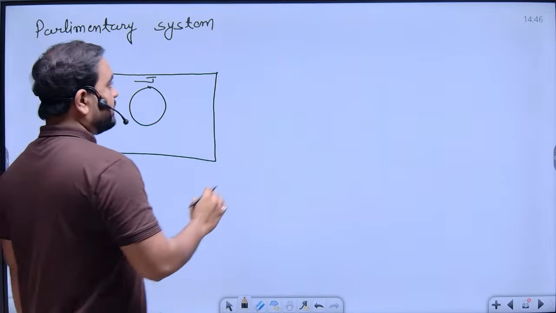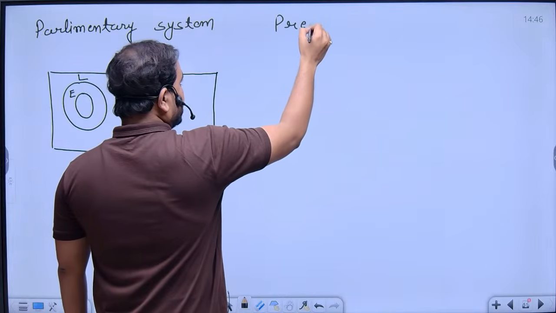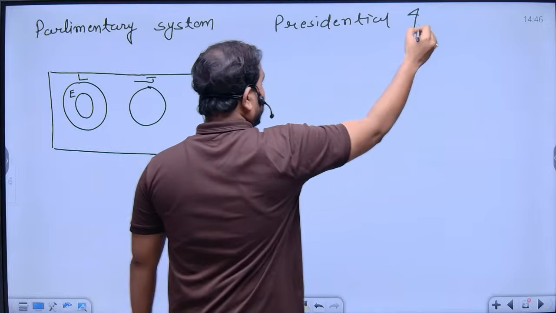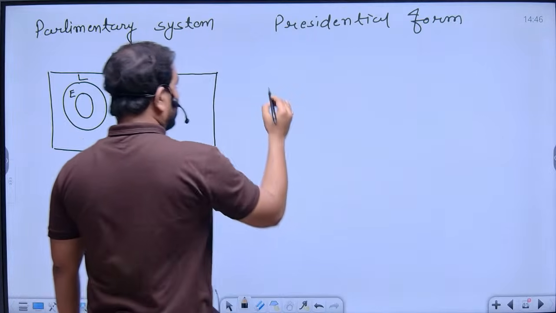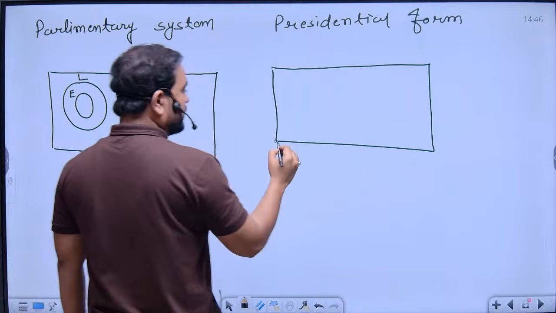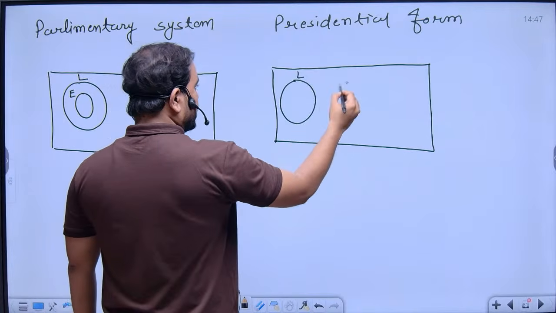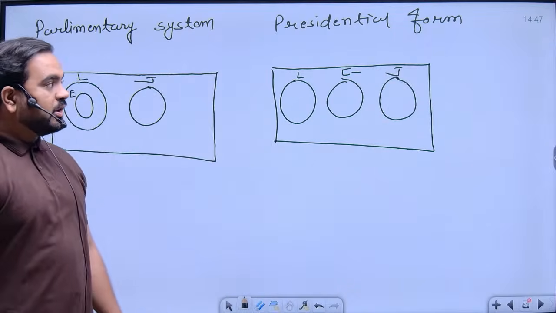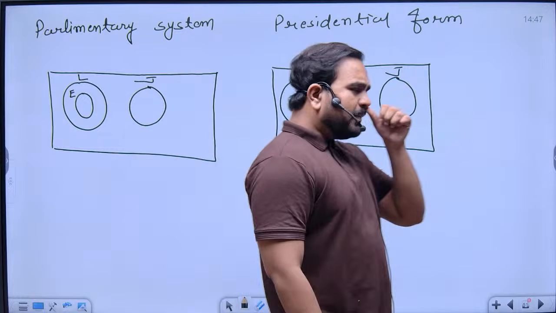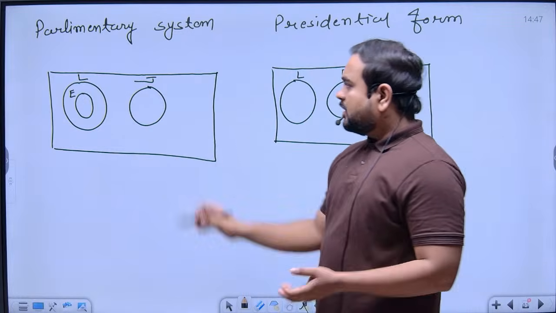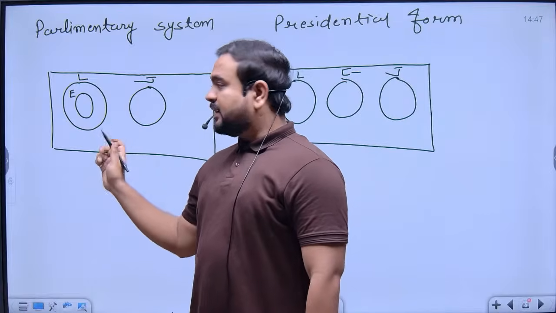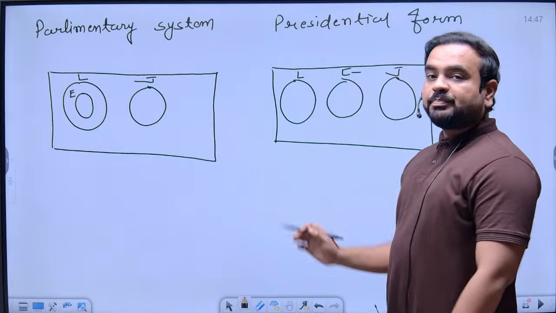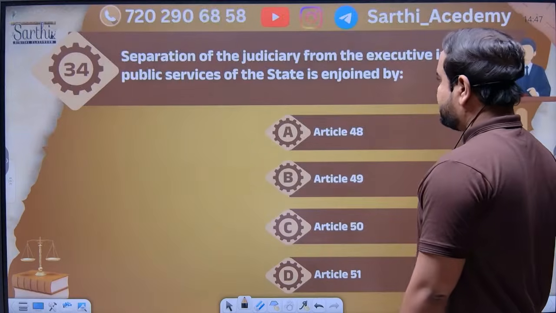In the presidential form of government, legislature, executive and judiciary are all different from each other. But in the parliamentary system also, judiciary works independently from executive and legislature. We know that these three are the pillars of democracy.